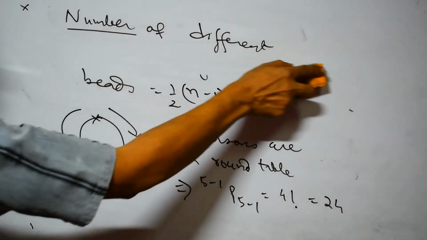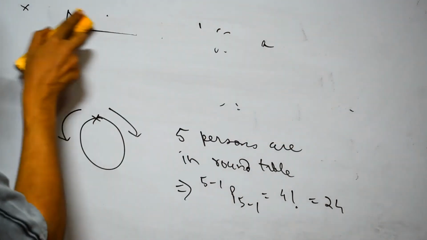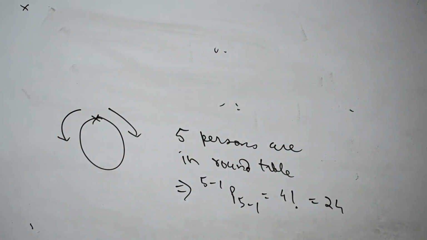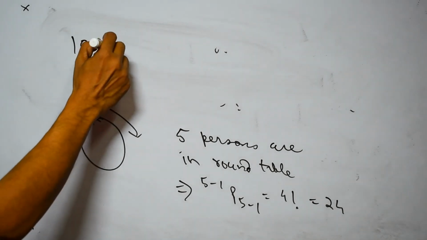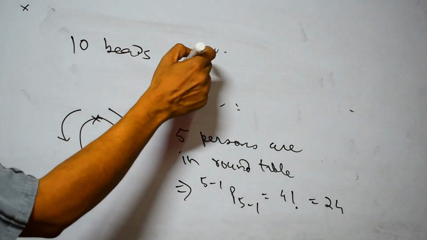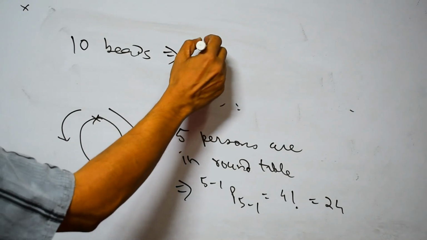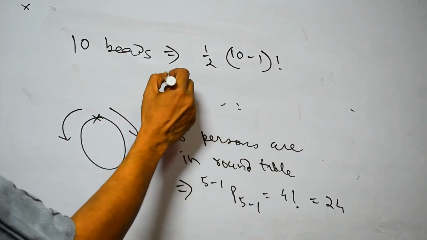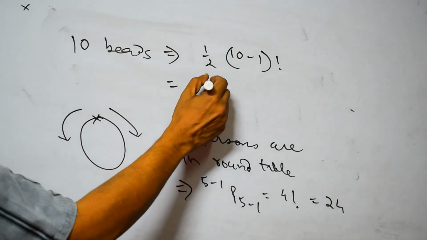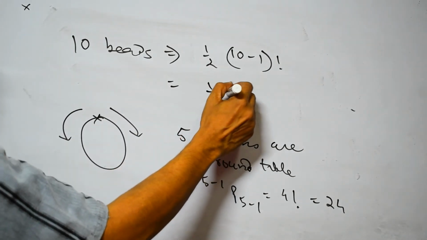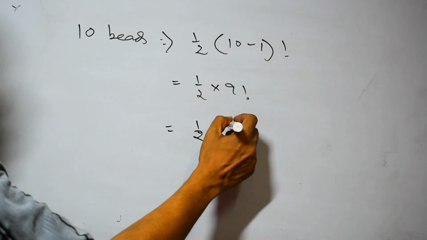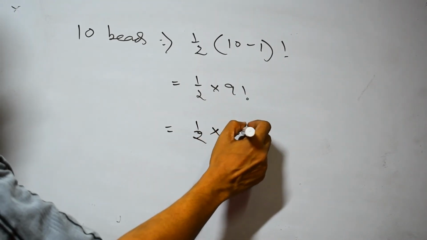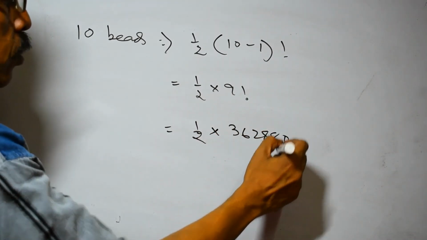On the other hand, if I consider the number of necklaces using 10 beads, all different, then we have half of 10 minus 1 factorial number of necklaces, and the result will be 9 factorial divided by 2. Half into factorial 9 is 362880.